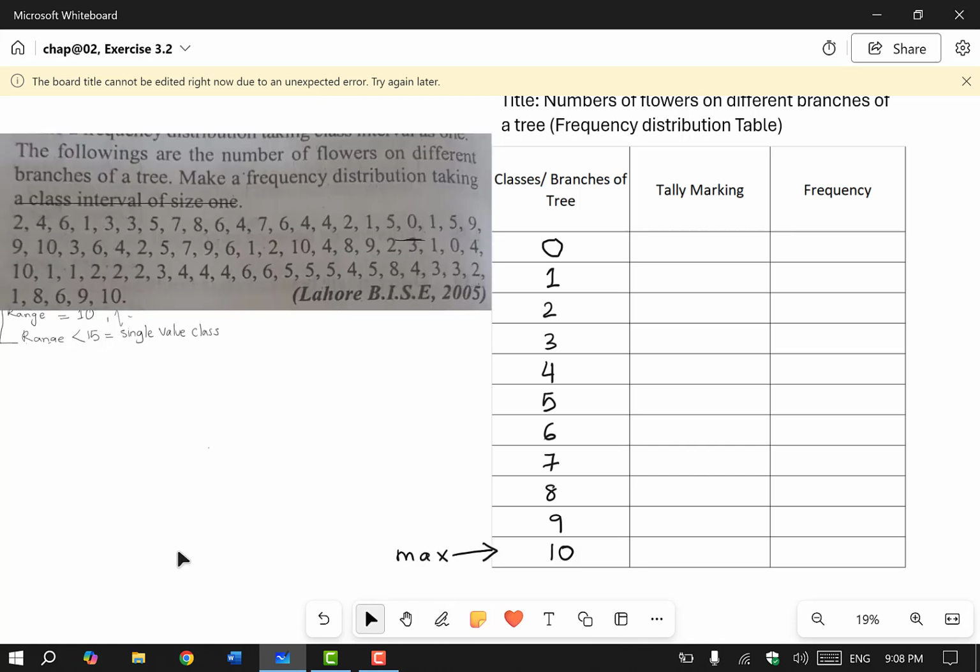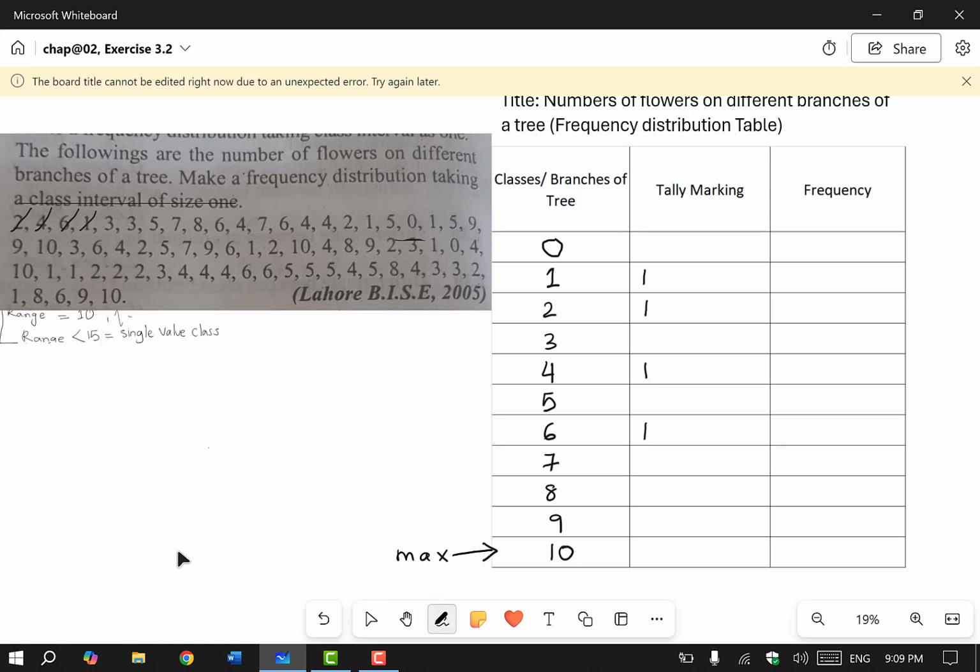Now the tally marking. In this step you need to be very careful. One wrong tally mark can bring the wrong frequency. Cut the 2 from the data. See the class 2, we will put 1 mark here. Similarly cut 4, 1 mark here. 6, 1 mark here.